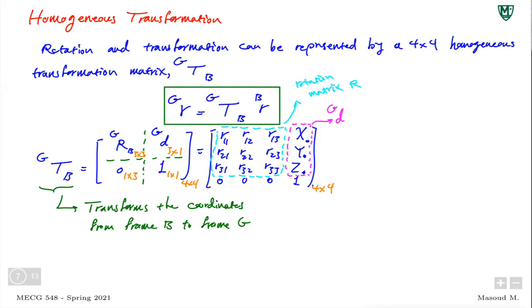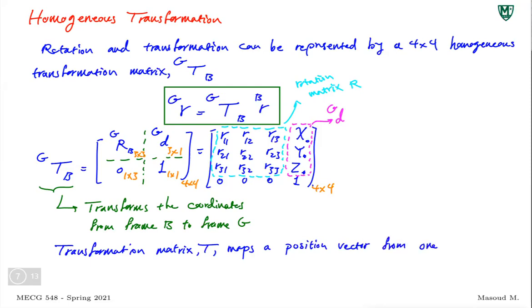So you can just write it here, just as the final thing I want to mention. Let's say the transformation matrix T maps a position vector from one frame to another.